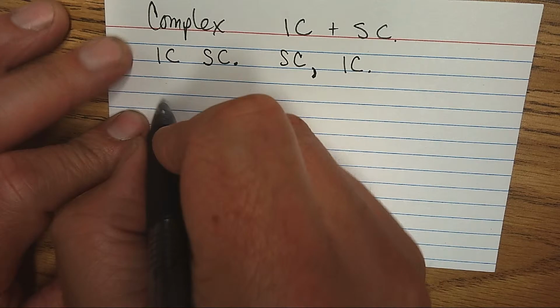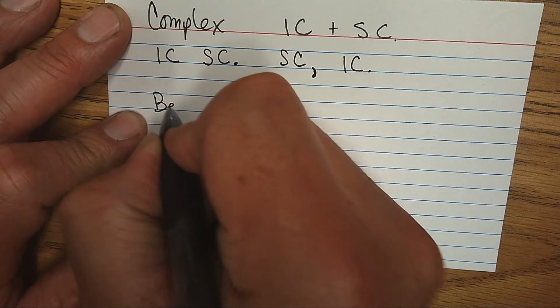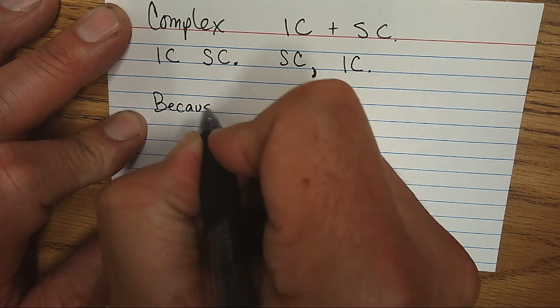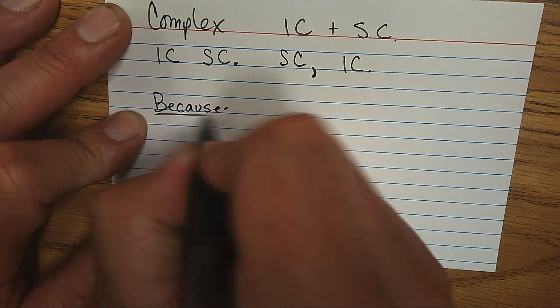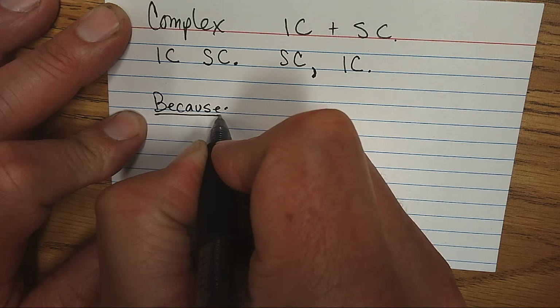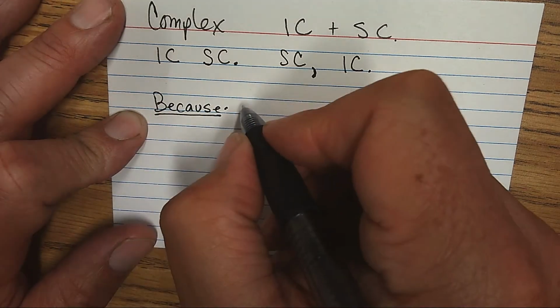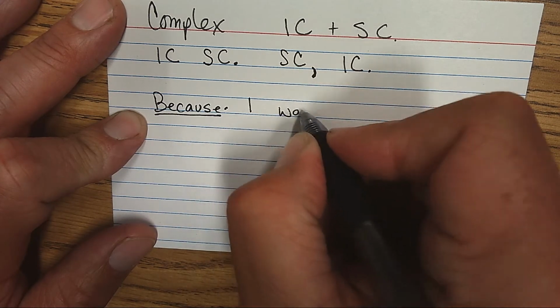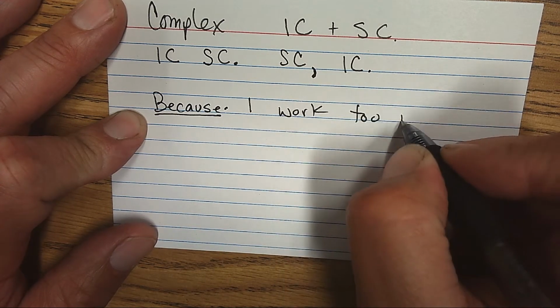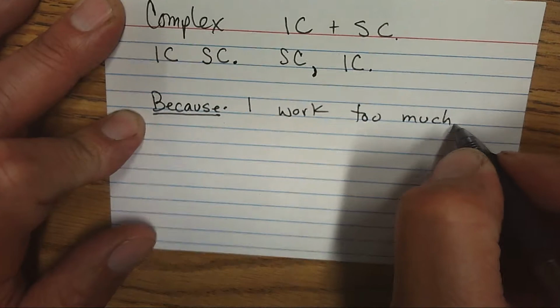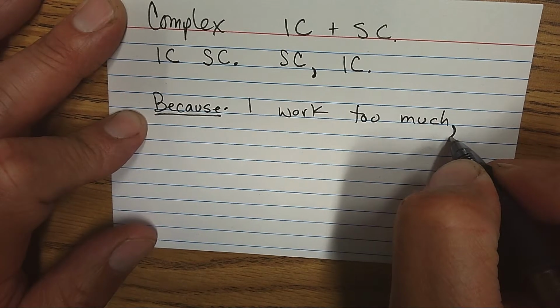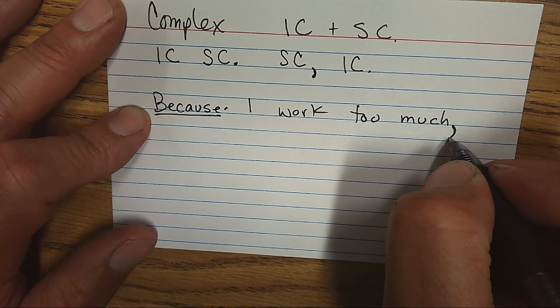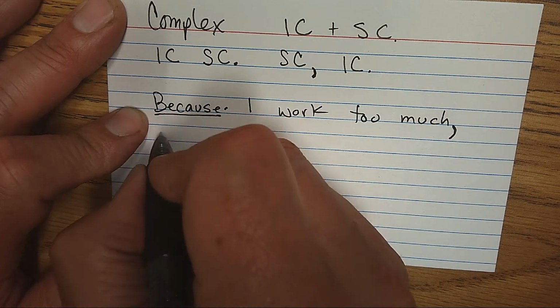So if you start with a subordinate clause, like a subordinate clause that starts with a subordinating conjunction, like because, that's a subordinating conjunction. Because I work too much. We pause for effect, I guess, for emphasis of the independent clause. We put that comma before the independent clause here.